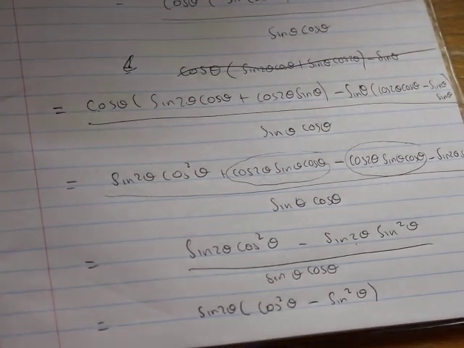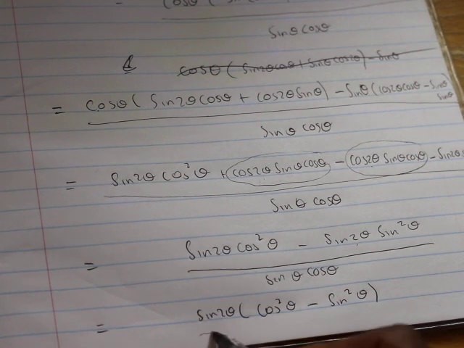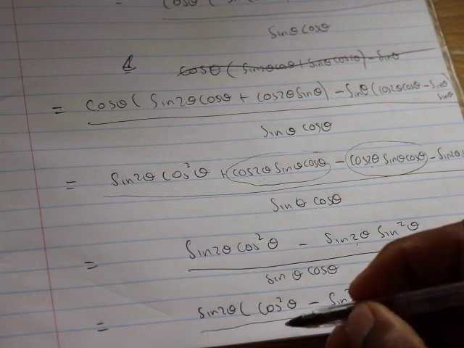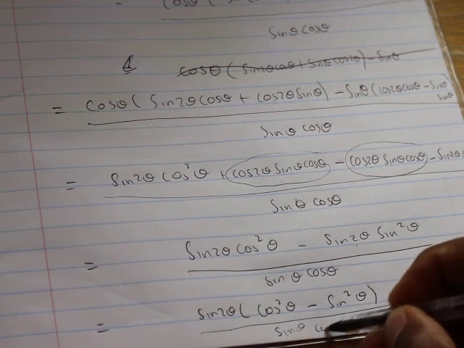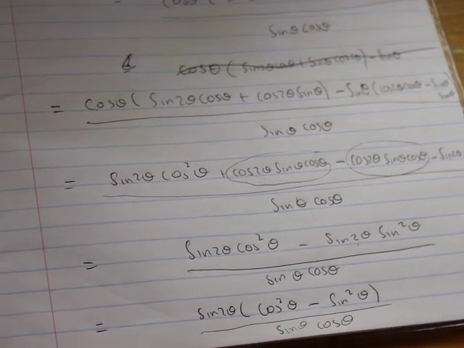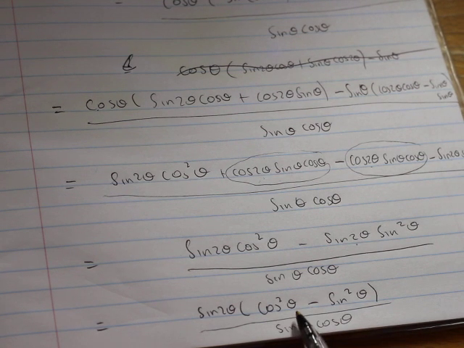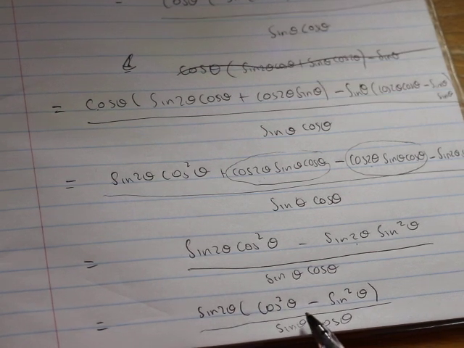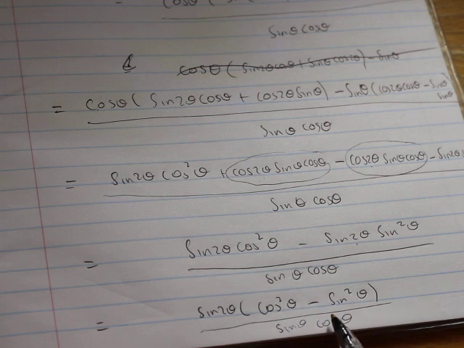And we know the identity for that. This is divided by sine theta cos theta. So in place of that, we're just going to substitute cos 2 theta. Hopefully we're going to find the right hand side.